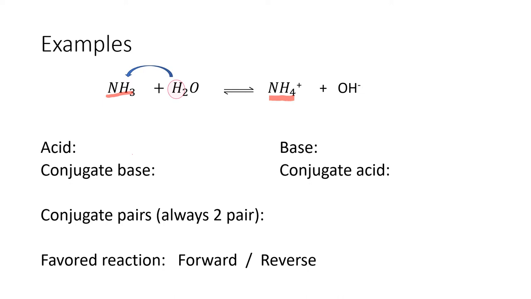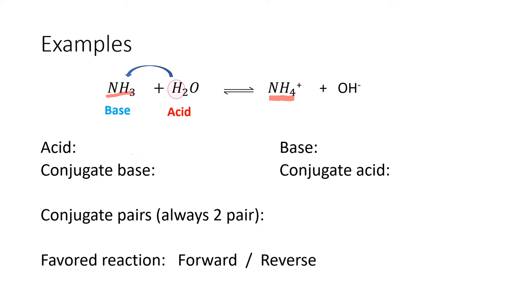We could do the same thing in comparing the water and the hydroxide to determine which is the proton acceptor and the proton donor. So in this case, water is giving the proton, which makes it the acid, and ammonia is gaining or accepting the proton, which makes it the base.